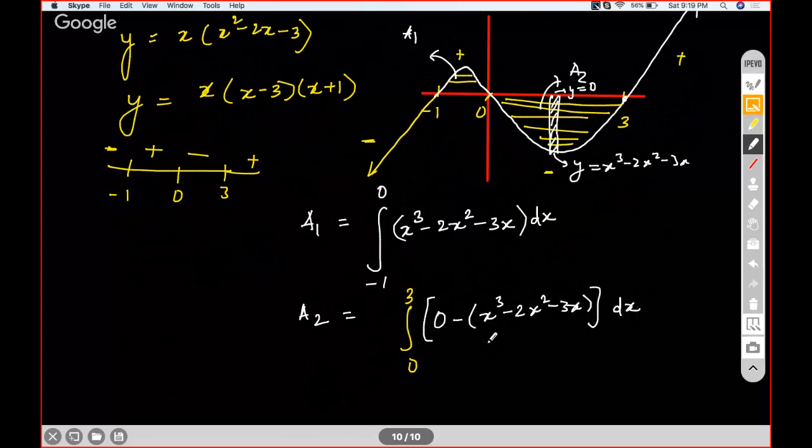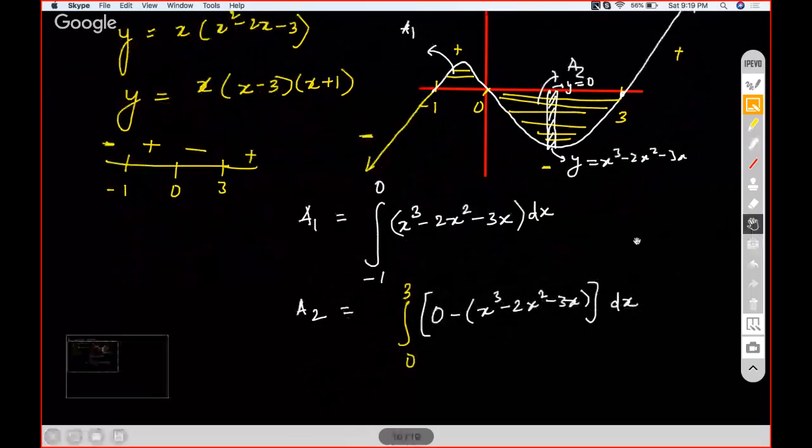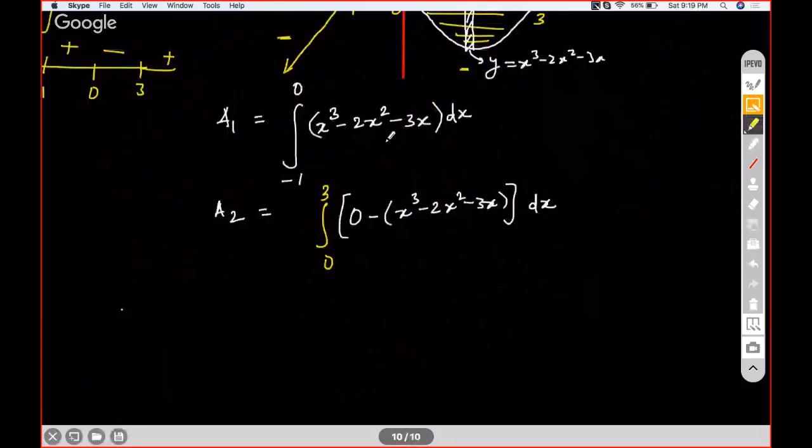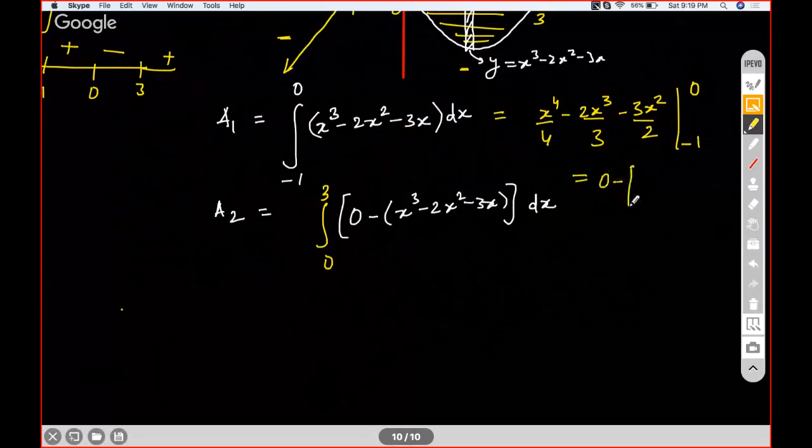Getting it, Aditya? Okay, so basically we need to integrate this term. That will be x to the power 4 by 4 minus 2x cubed by 3 minus 3x squared by 2. What is the answer going to be? 0 is going to be 0 for sure. Minus 1 gives 1 by 4 minus 2 by 3 minus 3 by 2.